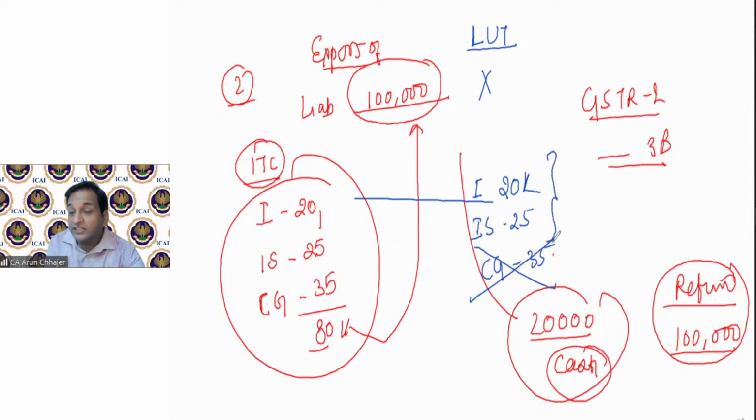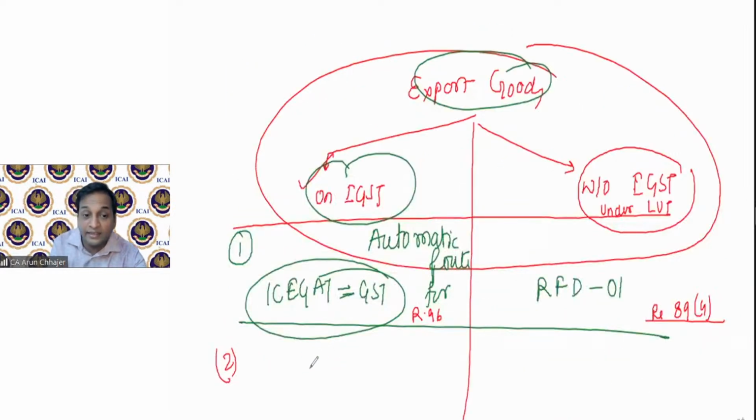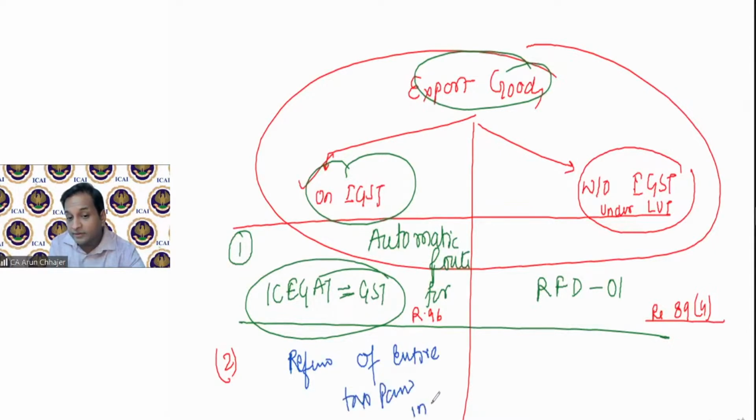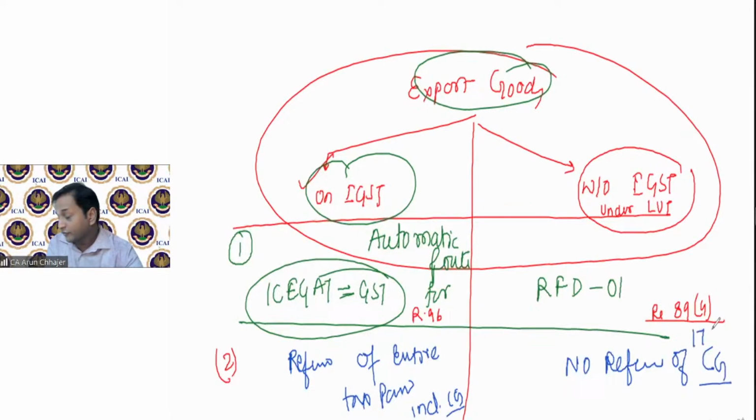So the total refund would be 45,000. So we can say that under IGST there is a refund of the entire tax paid, including capital goods, while under LUT there is no refund of ITC of capital goods.